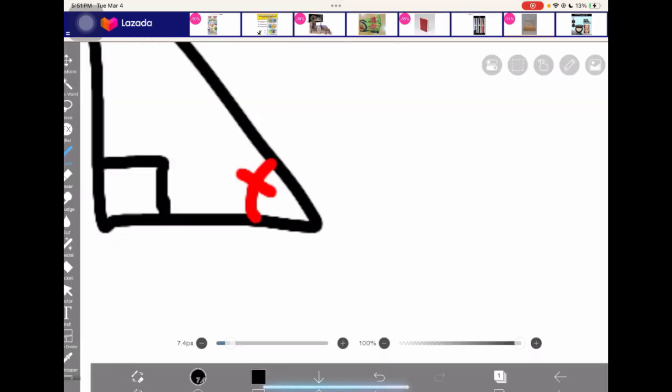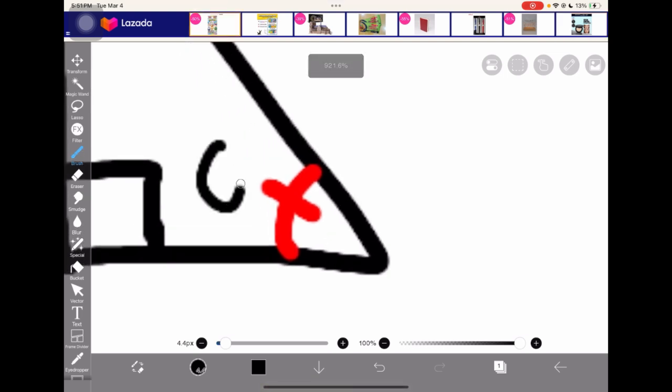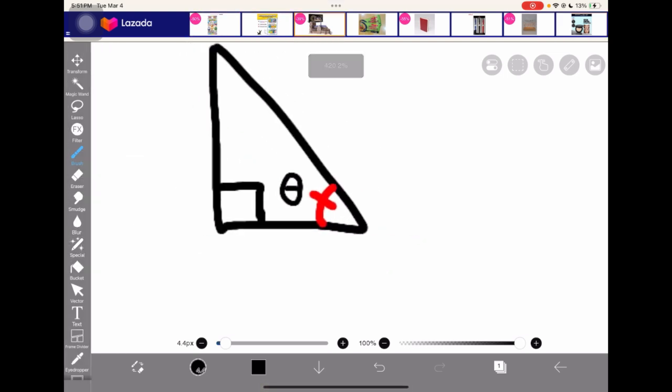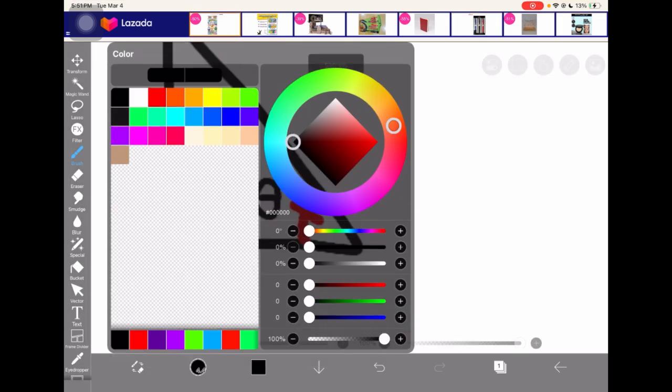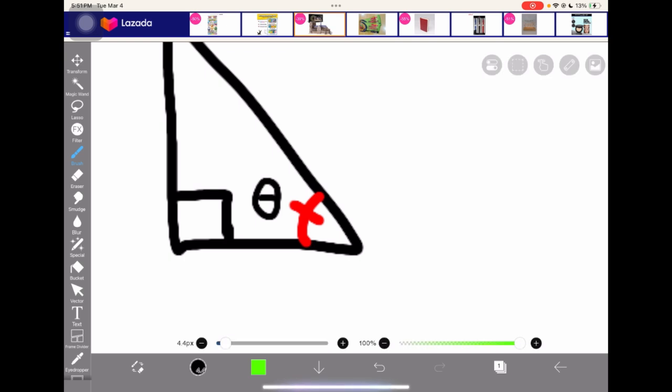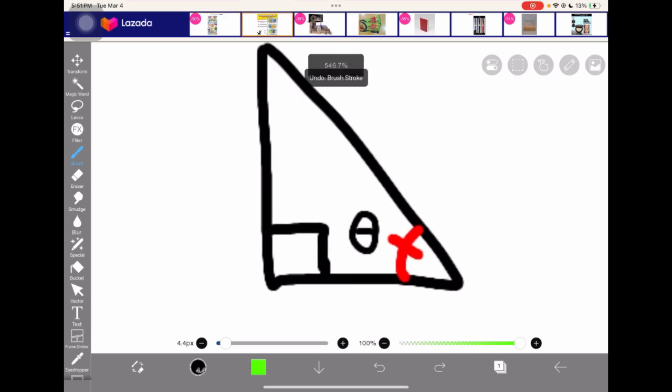Theta is used as the base angle, the angle upon which you're going to base the names of each side. So to name these sides, we need to look. From theta, you draw a line over here, and whatever this side is, that's called the opposite.